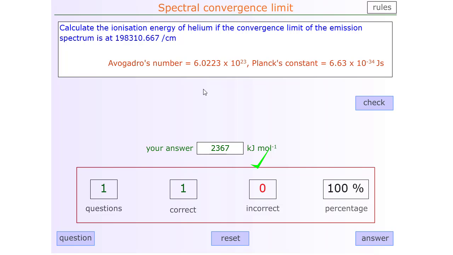E is Planck's constant times the speed of light divided by the wavelength in meters, and this gives us an energy per atom, so we must then multiply by Avogadro's number to give us the energy per mole of atoms, the ionization energy from the convergence limit.